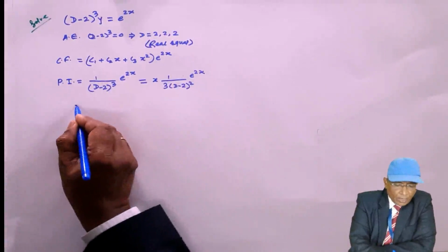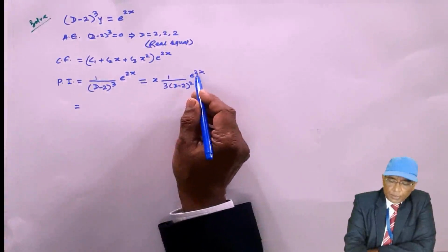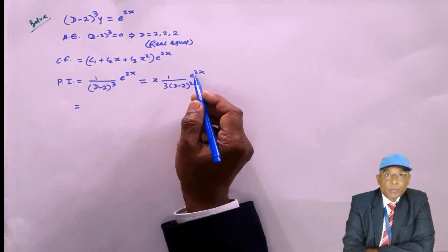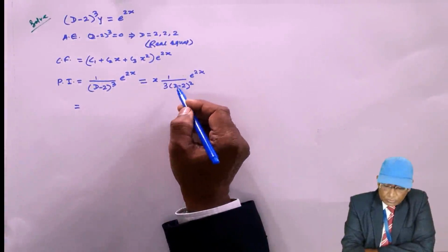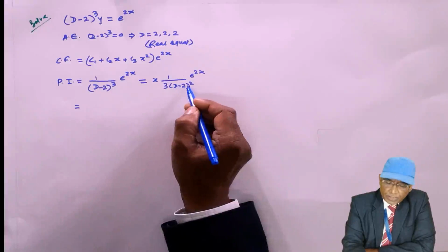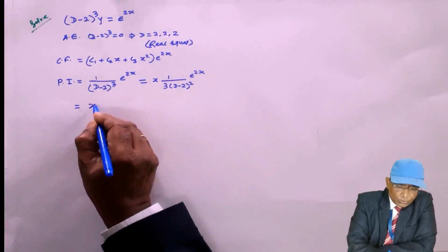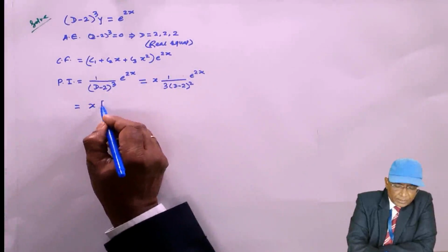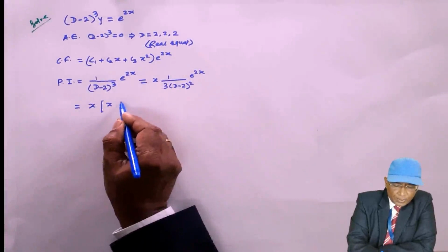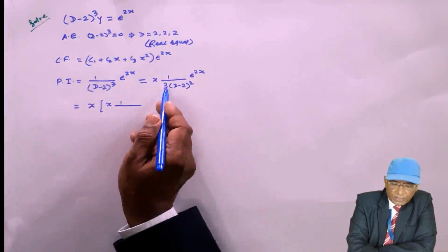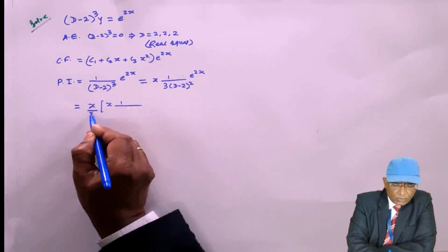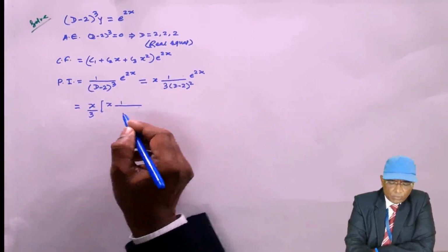Now again, operate this operator on e to the power 2x, which means we have to put d equal to 2. If you put d equal to 2, again I am getting 0. So what am I going to do? Again write x outside of the operator. Here 3 is a multiplicative constant in the denominator, so you can write it outside.